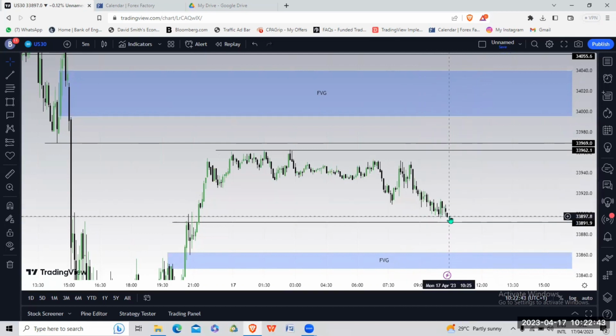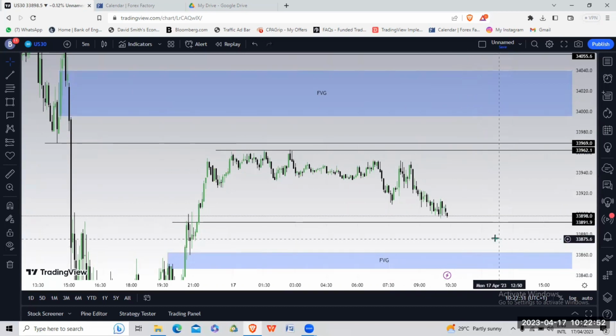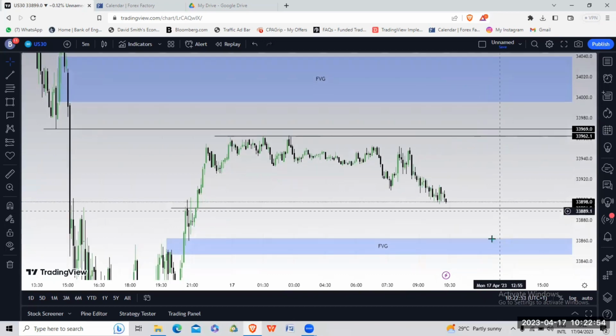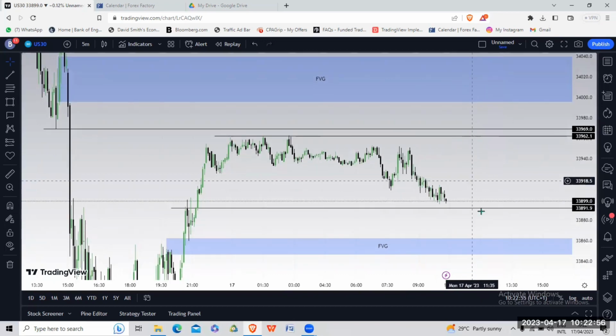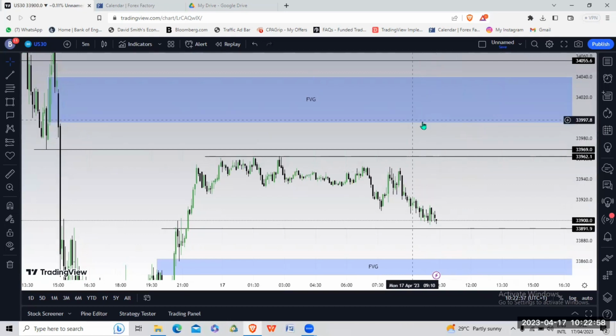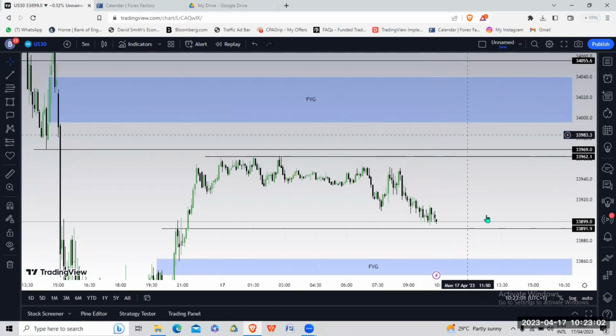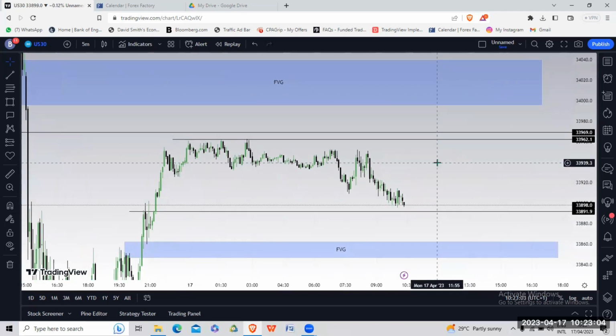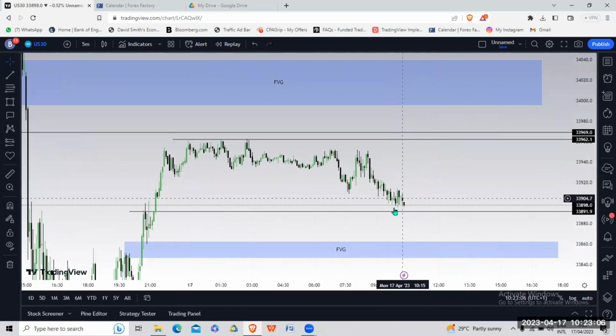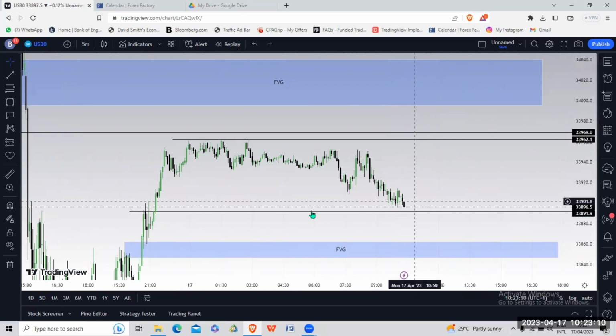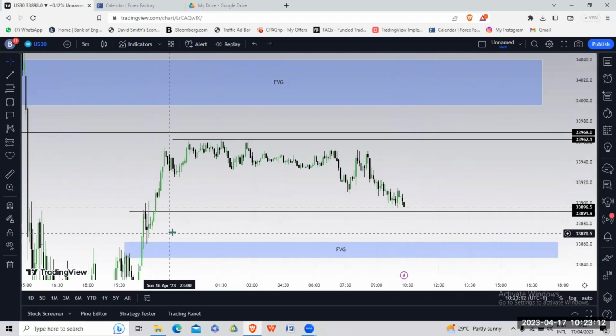So I'm expecting price to at least tap into this breaker block and drop down to this FVG, and maybe continue dropping after respecting the FVG, or possibly tap into this, which will be a stronger move downwards. Whichever one, this pretty much might provide us entry using this order block.